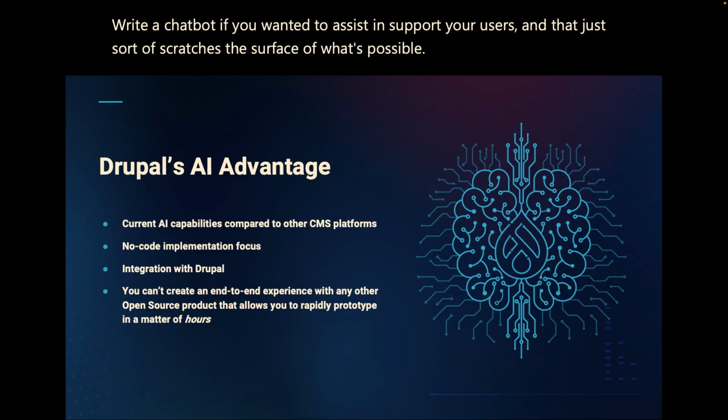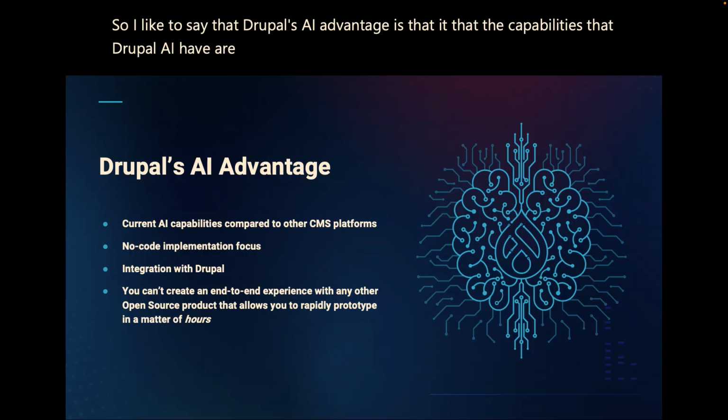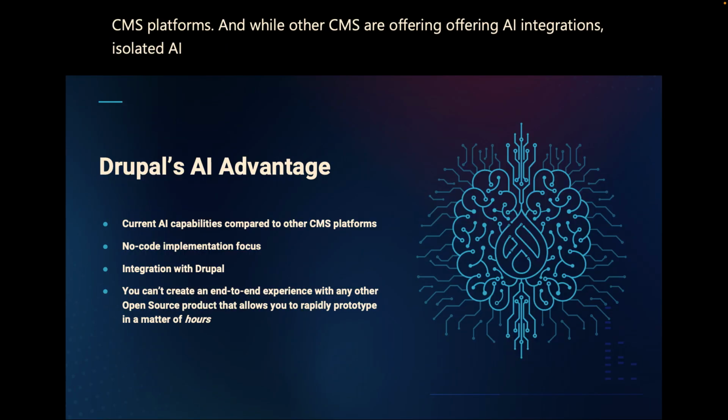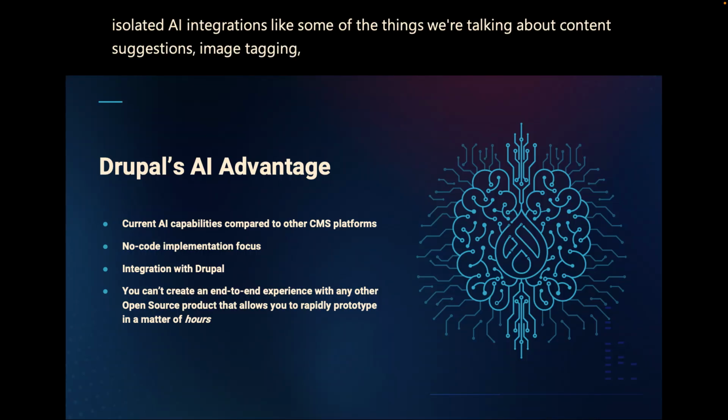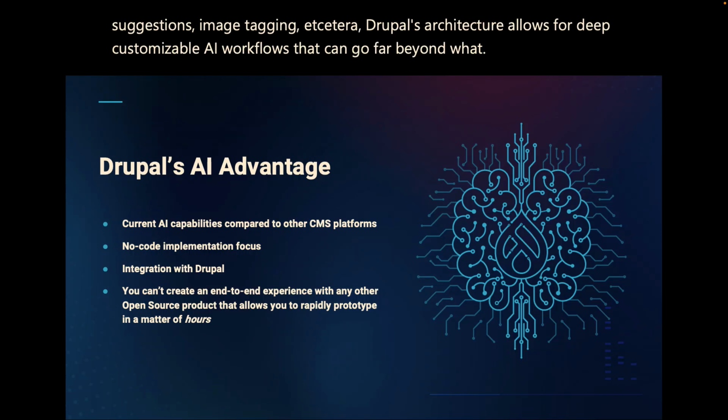So I like to say that Drupal's AI advantage is that the capabilities that Drupal AI has are best in class, especially when you compare it to other CMS platforms. While other CMSs are offering isolated AI integrations, like some of the things we're talking about, content suggestions, image tagging, etc., Drupal's architecture allows for deep, customizable AI workflows that can go far beyond what the competitors are engaged in.